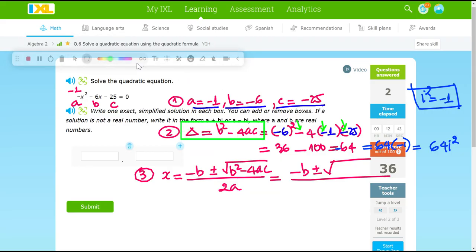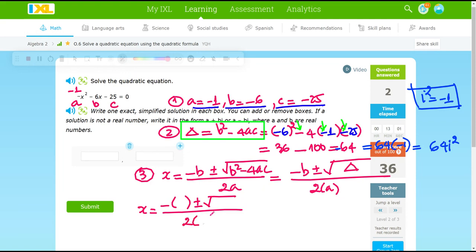You see that? So over here, I just put delta and then over 2a. Okay. So now, let's put it down. Subtract b in parentheses plus minus square root of delta over 2a.